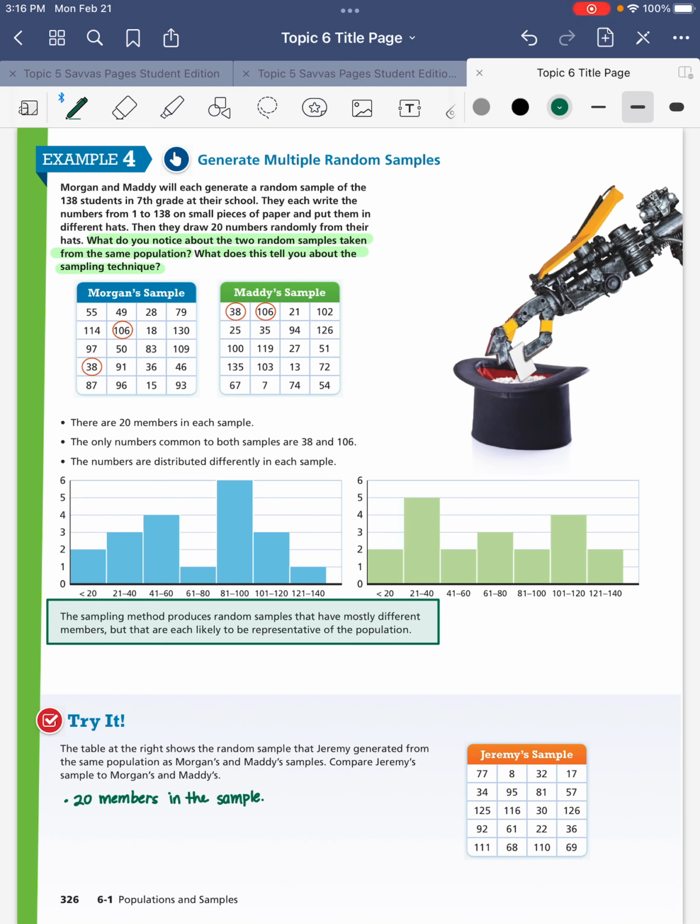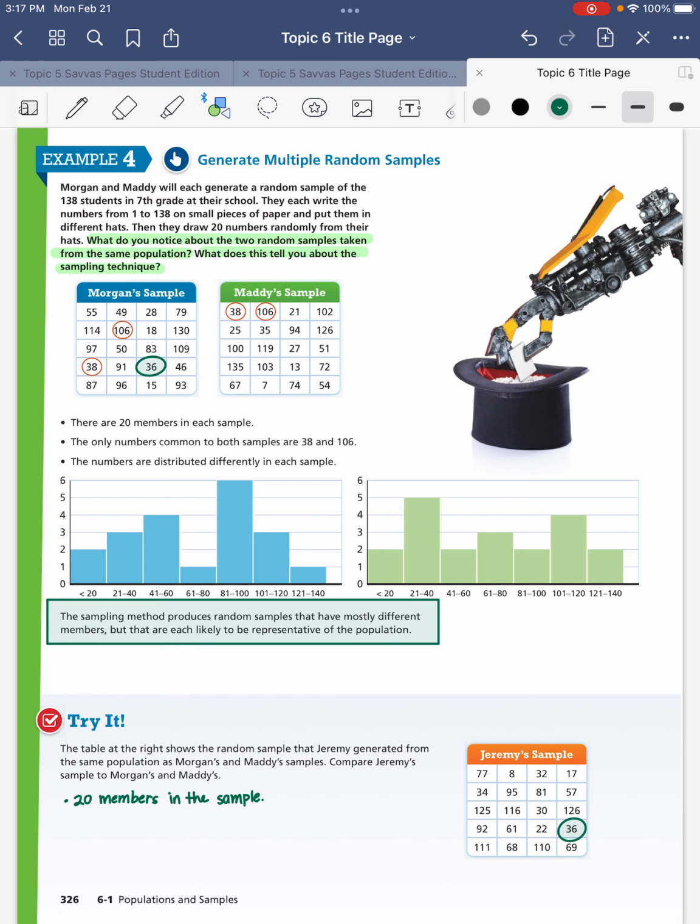Oh, I see a 36. 36 right there. So there's a 36 in both Morgan's sample and Jeremy's sample. Okay, but notice there was not a 36 in Maddie's sample. So just Jeremy and Morgan have 36 in common.